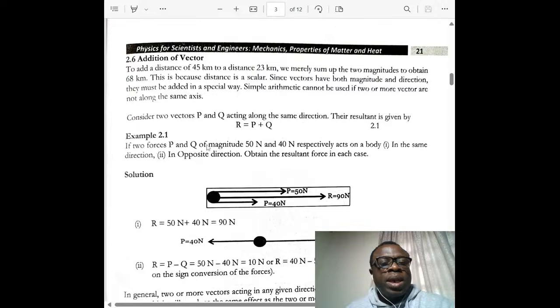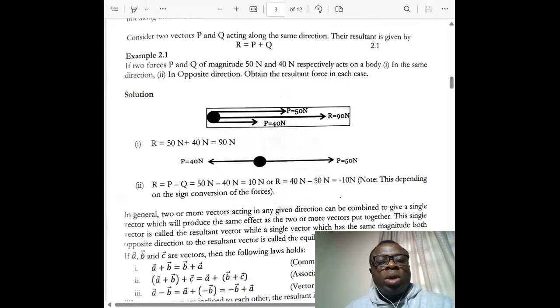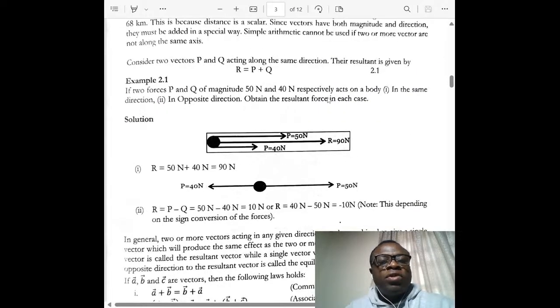You get? And the question says if two vectors P and Q of magnitude 50 Newton and 40 Newton respectively act on a body, number one, in the same direction, and number two, in the opposite direction, obtain the resultant. So in the same direction you add.